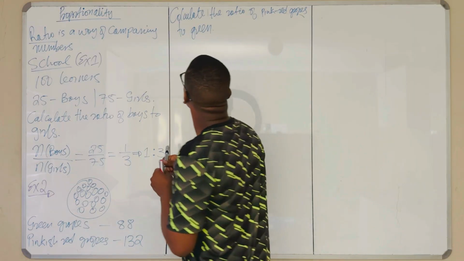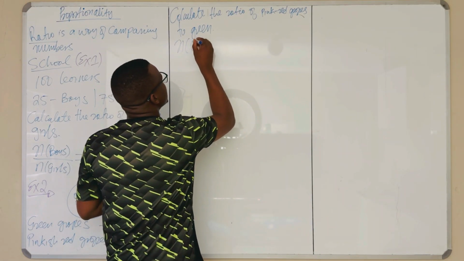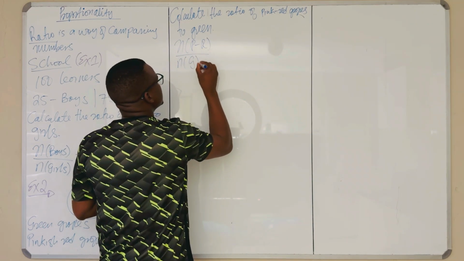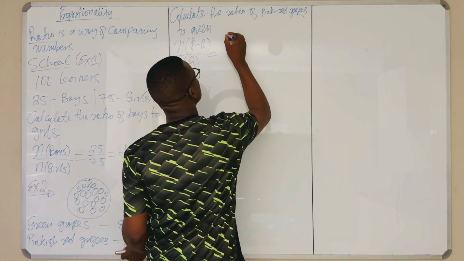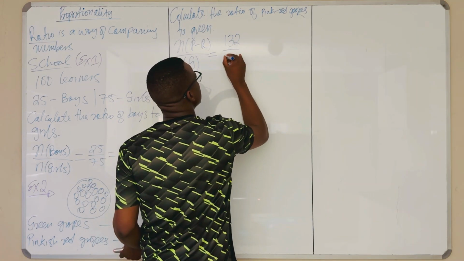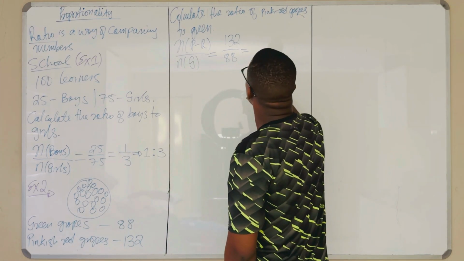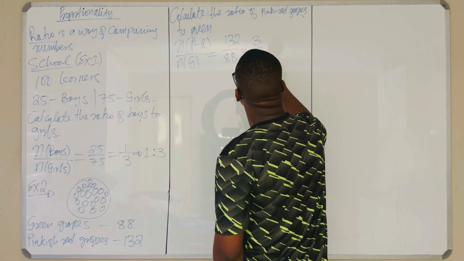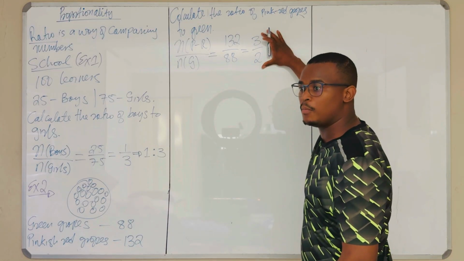So in that case, to find our ratio, it will be the number of pinkish red grapes over the number of green grapes, which means it will be 132 divided by 88. What is the answer to this? 3 over 2. Which means this is your ratio in fraction form.